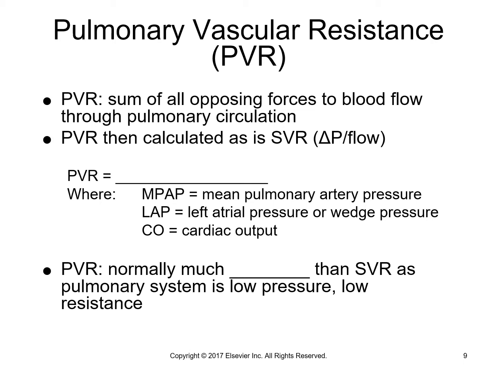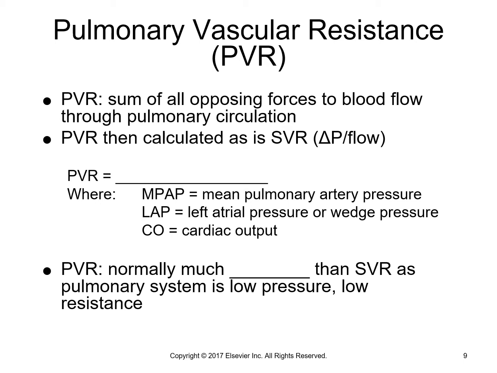If we look at those numbers, an average mean pulmonary artery pressure is 16. These are some average numbers, and your LAP would be about 8. If you do the math and divide by 4, you get 1.6. But keeping in mind, you multiply that by 80.